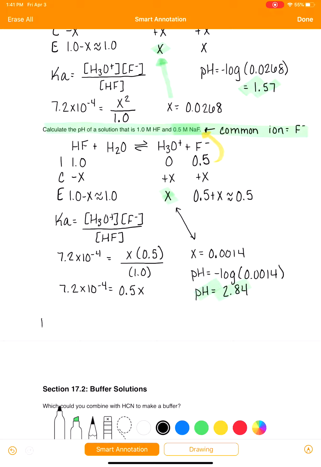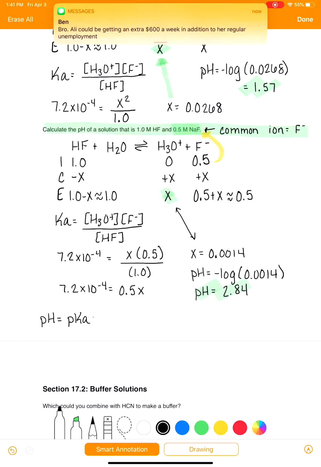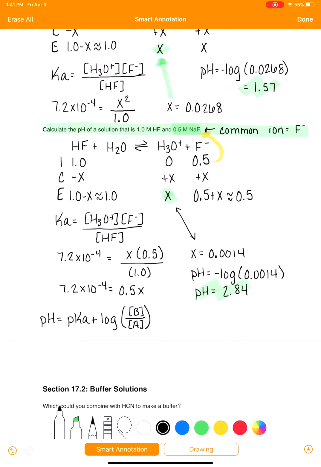The Henderson-Hasselbalch equation is pH equals pKa plus the log of the concentration of the base, I'm just going to abbreviate B, over the acid A. The pKa is the negative log of the Ka, so it's the negative log of 7.2 times 10 to the minus 4, plus the log of the concentration of the base.